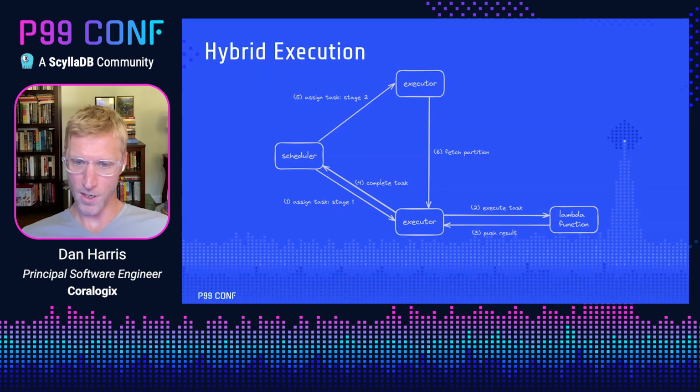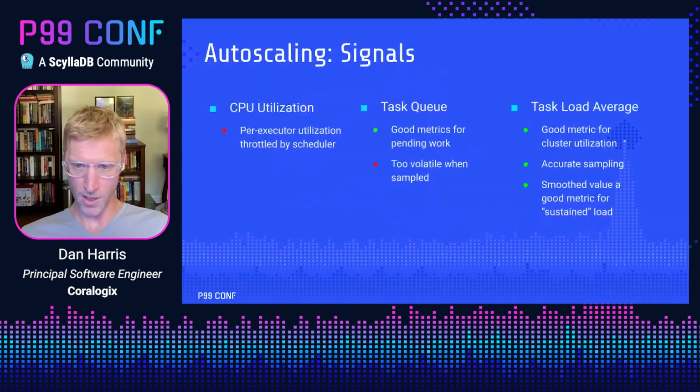But because it's not doing heavy CPU work, we can get much higher concurrency. Whereas an EC2 executor can execute maybe 30 tasks concurrently locally, the Lambda executor can handle many hundreds or thousands of Lambda tasks. So we get a lot of concurrency in the system with relatively little EC2 infrastructure there.